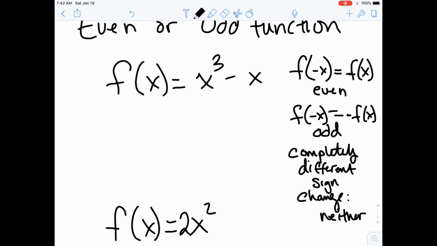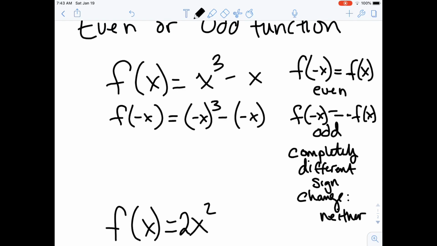So f of negative x, so if we take f of x equals x cubed minus x, and we put in negative x, we will get negative x cubed minus negative x. Okay, so if we cube it, we get negative x cubed plus x. So you have to ask yourself, okay, does this match my original function? Well, no, it does not. So it's not even.